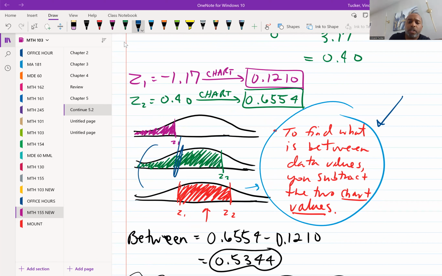That's what we're doing, subtracting the two chart values. So be careful here, we're subtracting the chart values, not z-scores. And you subtract the smallest one from the greater one in order to get your value. We got 0.5344.